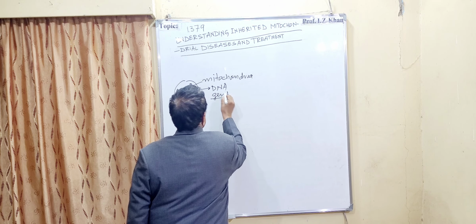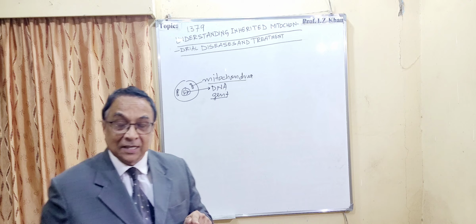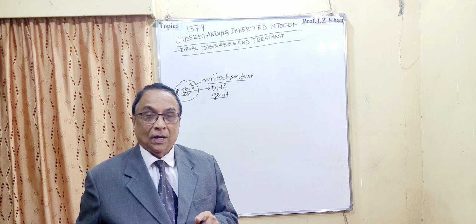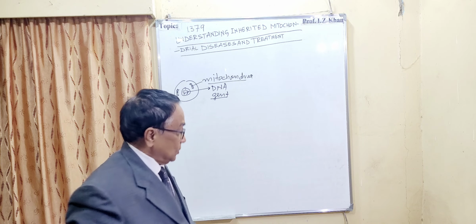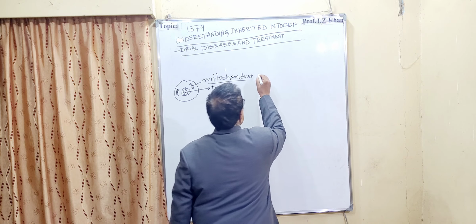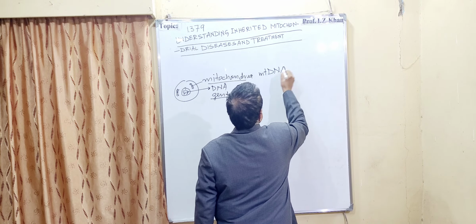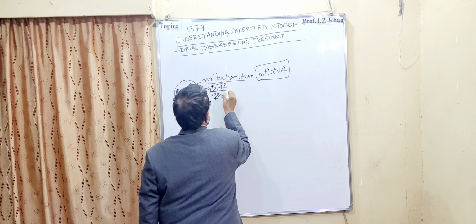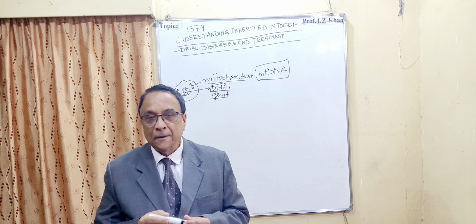Here we have genetic material inside the nucleus in the form of DNA, and also we have genetic material in mitochondria, and that is called mtDNA. Both DNAs, whether in the nucleus or in mitochondria, play an important role.